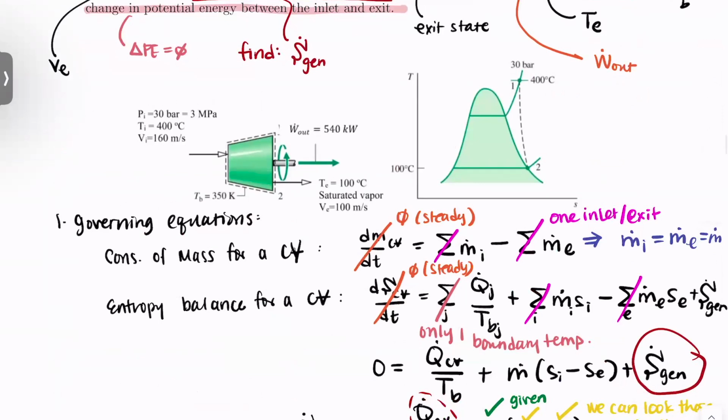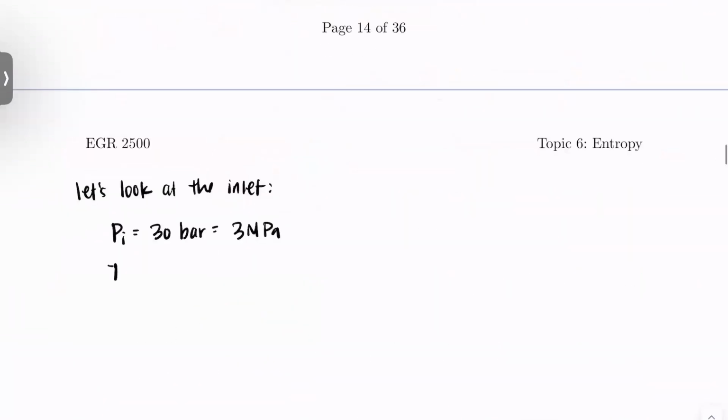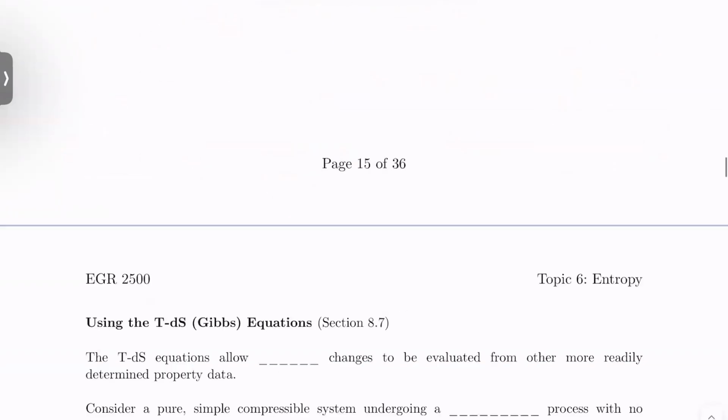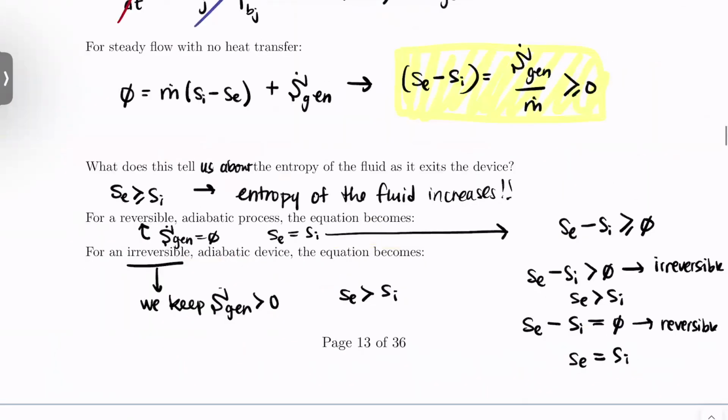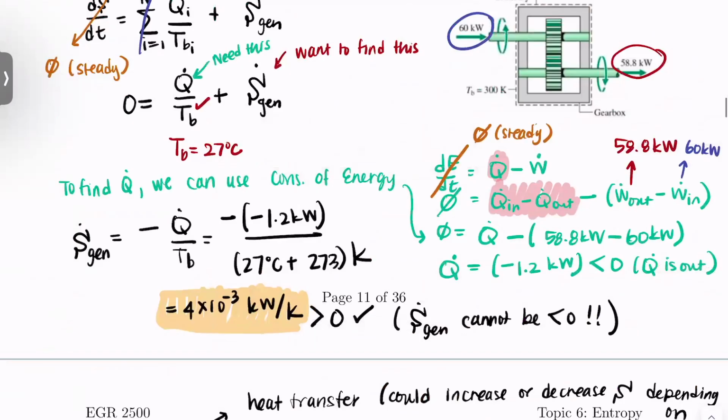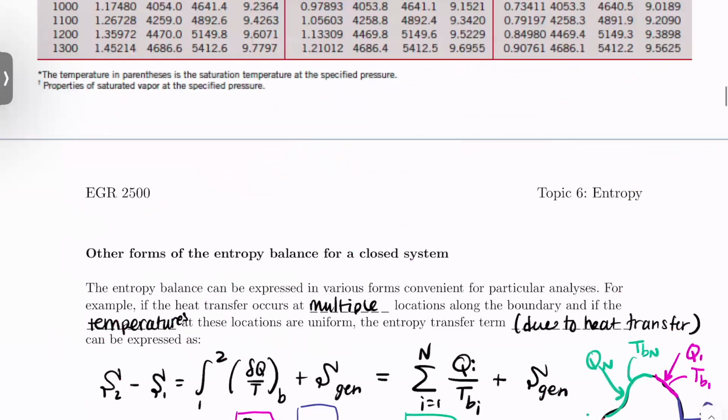And we're also given that the inlet temperature is 400 degrees C. So we have to go back to our superheated water tables, or our saturated water tables, which are earlier in the notes.